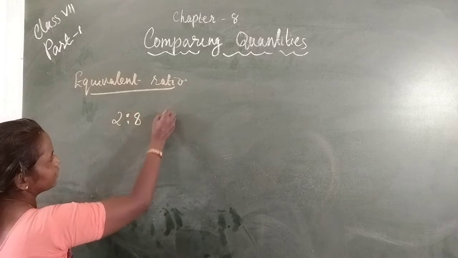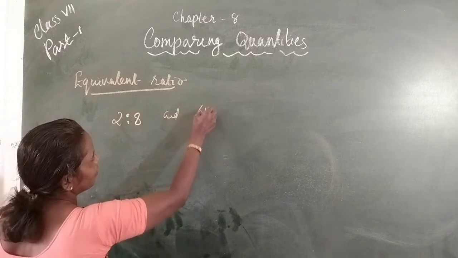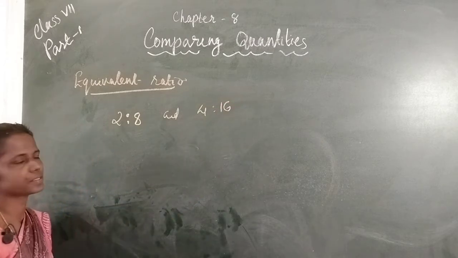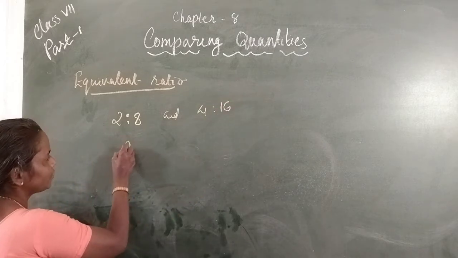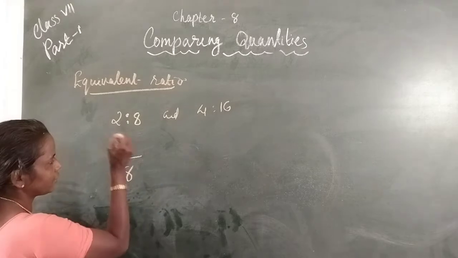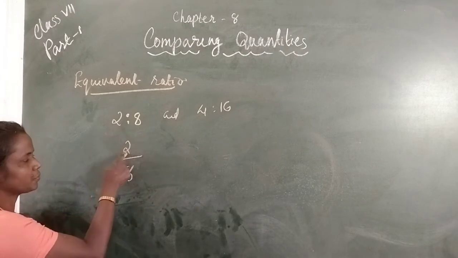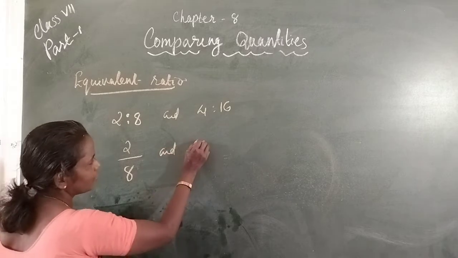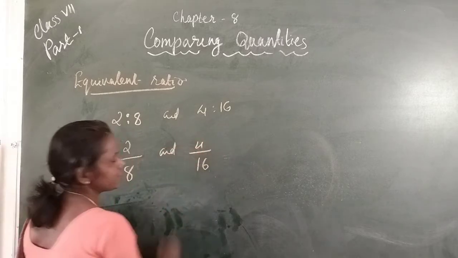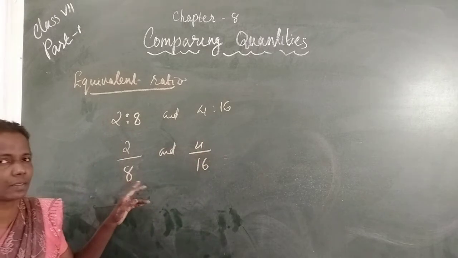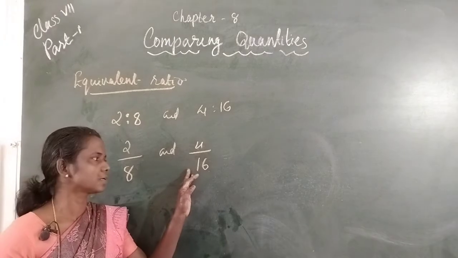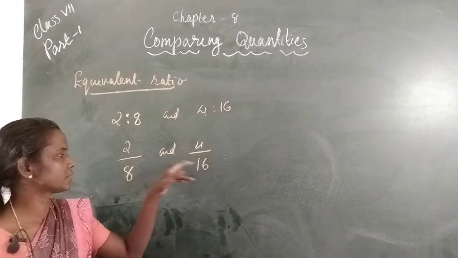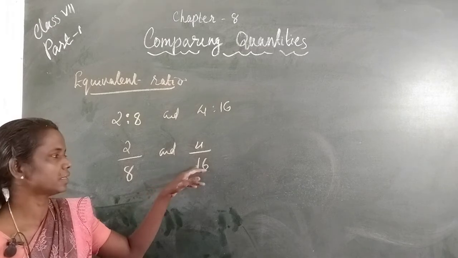2:8 and 4:16. Look, 2:8 we can write as 2/8 and 4/16. Look, the denominators are different. So first we write them as like fractions. Multiply by which number, or we find the LCM.